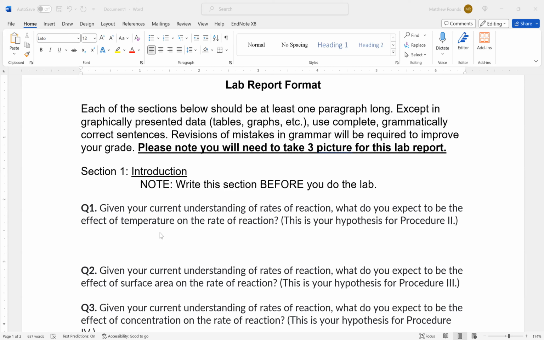Sure. Now, as temperature increases, do you think the rate of reaction gets faster or slower? It gets faster. Okay, I agree.